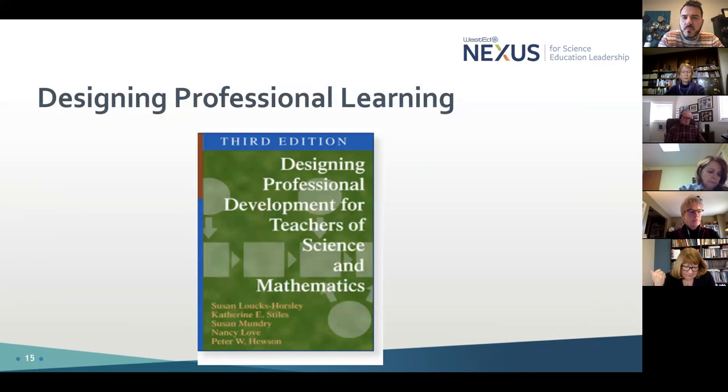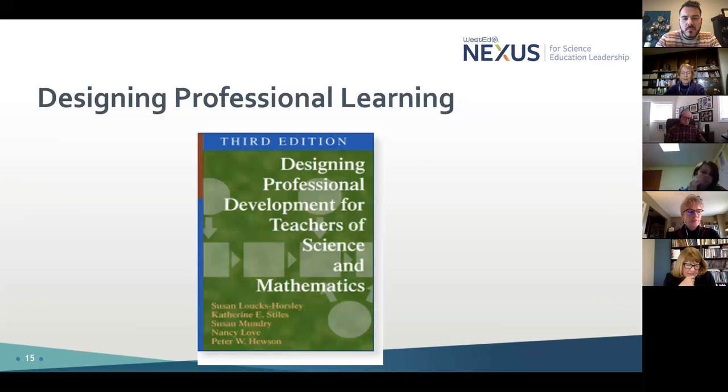But it really came out of some early work that Susan Loucks-Horsley, our close colleague, did to explore and identify what she thought were the five best models for professional development for making shifts to the new standards, back when the NSES and NCTM standards came out.